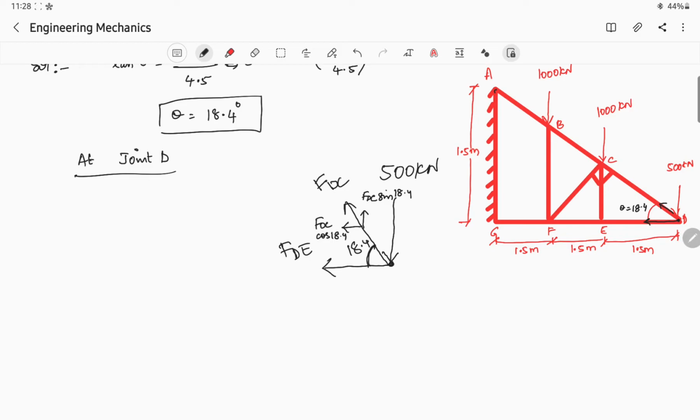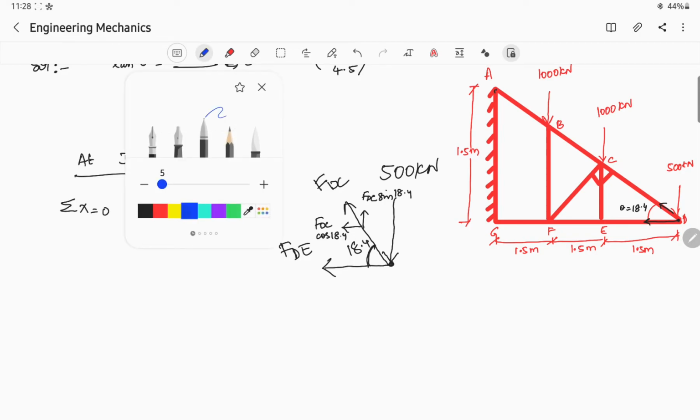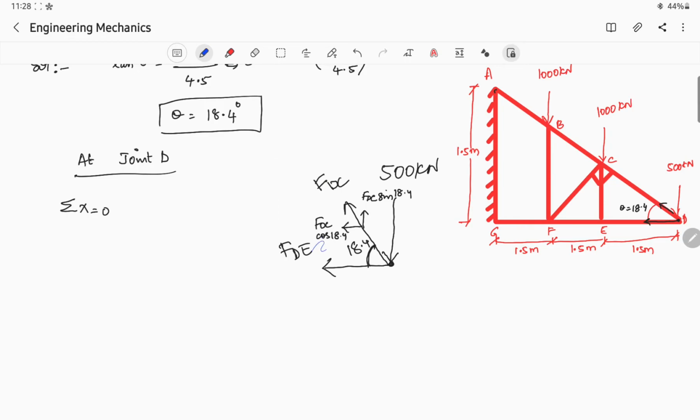Totally we have three forces. Sigma x is equal to 0. How many horizontal forces are there? One is FDE, and FDC cos 18.4 is the other.